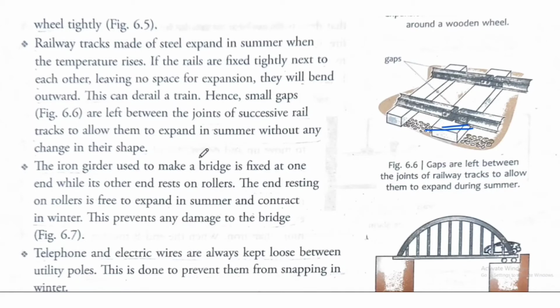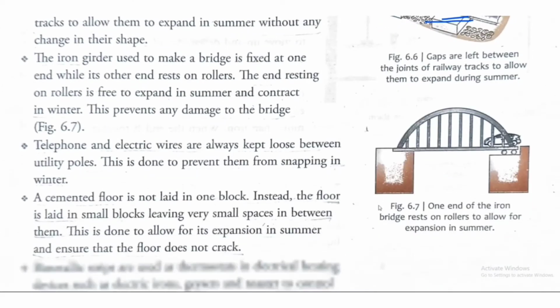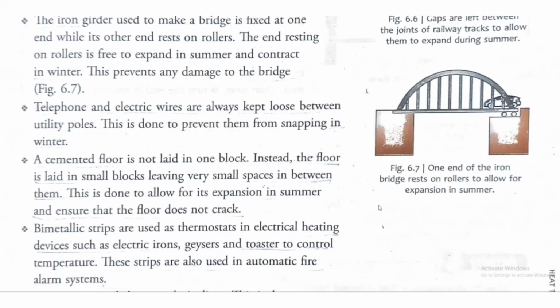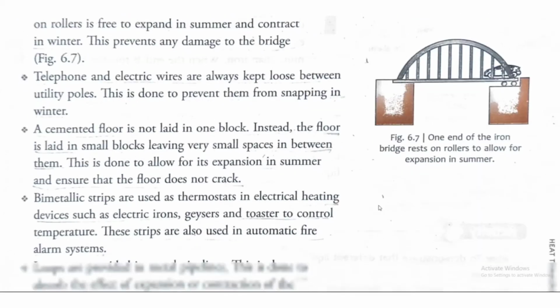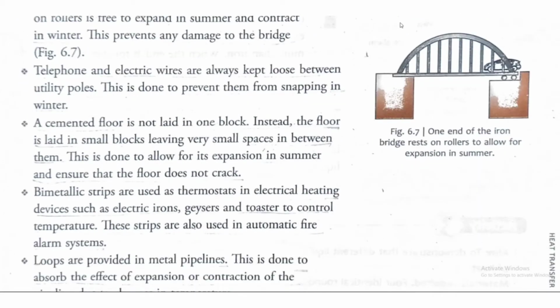Students, in the same way, iron bridges are fixed at one end and the other end of a bridge rests on rollers. Because in summer season, when the bridge expands in size, the rollers can move forward and adjust its increased size.